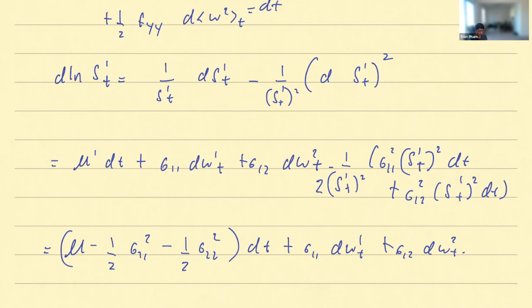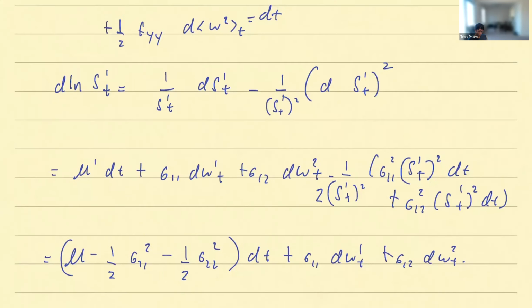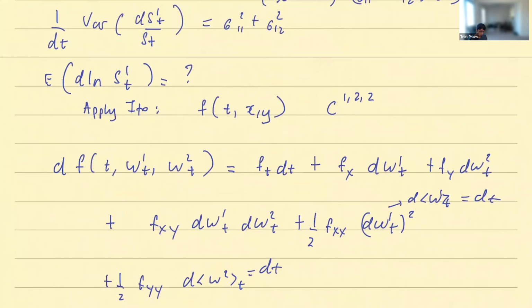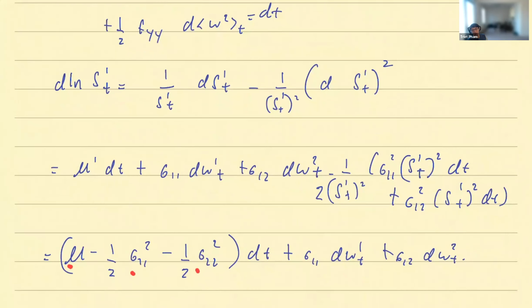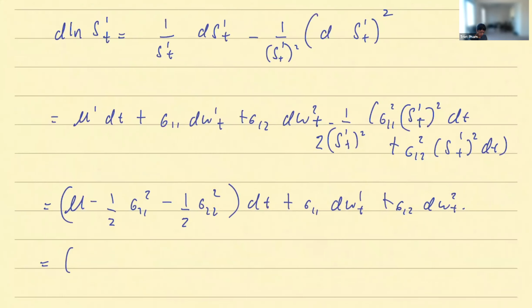Which, by the way, looks super similar to the Black-Scholes model, except that now you subtract one more 1/2 volatility squared because of the second Brownian motion. So to return to our question, the average log return will be mu subtracting these two terms. But again, this is consistent with the original framework, meaning that it's subtracting 1/2 volatility squared.